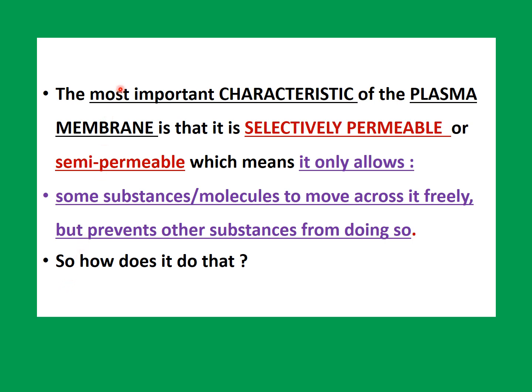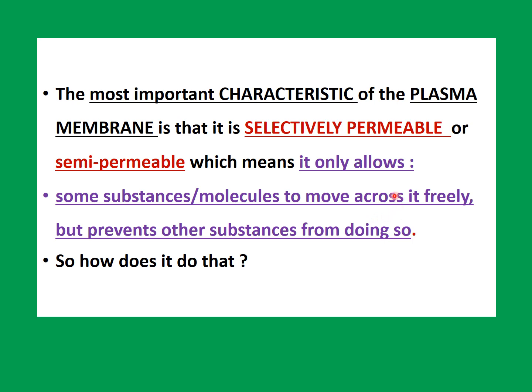This lesson will focus on the most important characteristic of the plasma membrane, which is that it is a selectively permeable membrane, or it is semi-permeable. What does this term mean, selectively permeable? It means that this membrane only allows some substances or molecules to move across it freely, but prevents other substances from doing so.